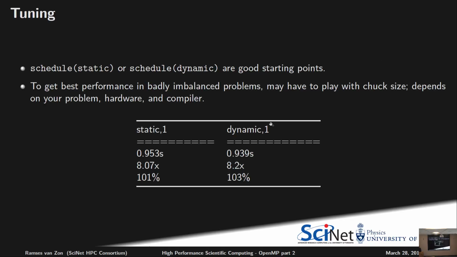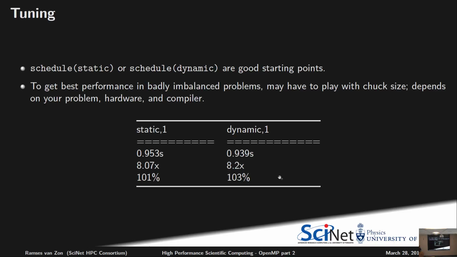So in this case, here's sort of the best cases that I could get. And for some reason, the best cases here were with slabs that were 1 long. Remember, that's still 400 pixels, so that's not so bad. The best static one was 101% efficient. The best dynamic turned out to be 103%. This depends not only on your problem, it actually also depends on the implementation.